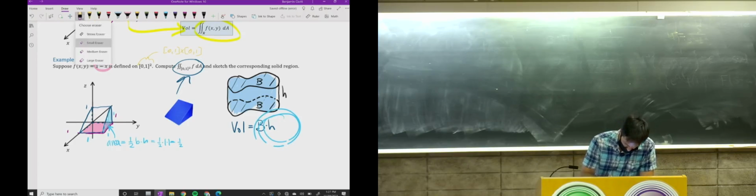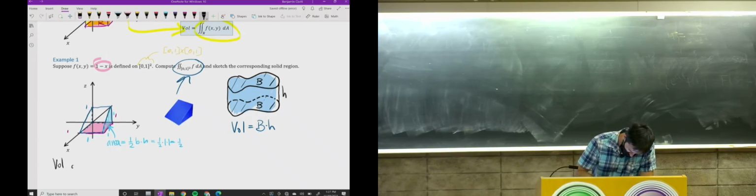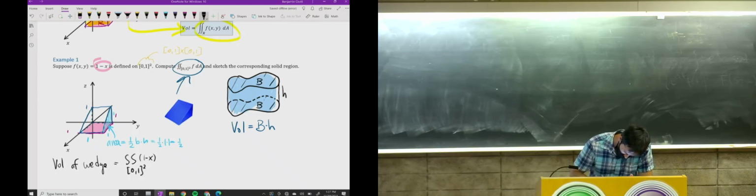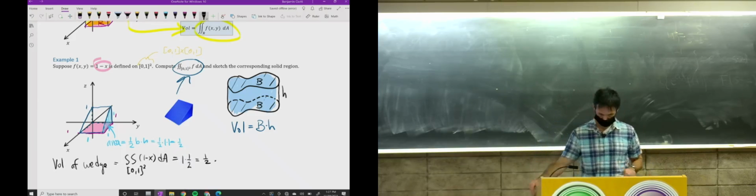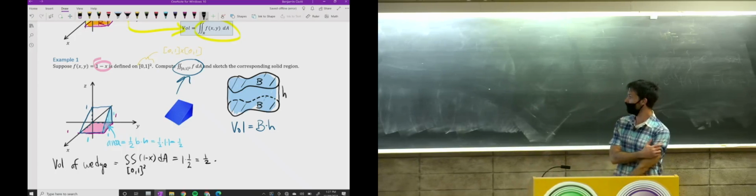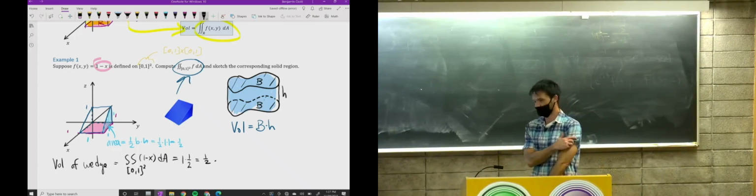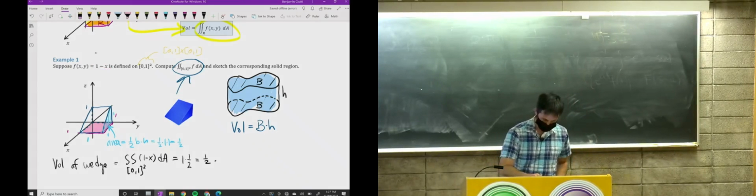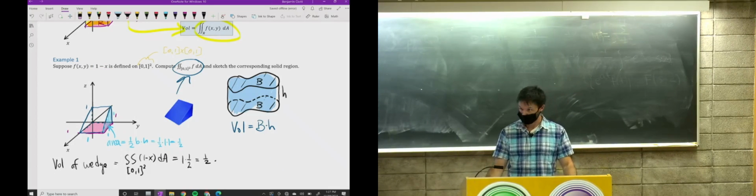So the volume, which is the same as the double integral, will be 1 times 1/2, which is 1/2. So that's the volume of the wedge. Okay, so we're already doing double integrals. Of course, in this case, it was pretty easy because we had an easy geometric formula for it.